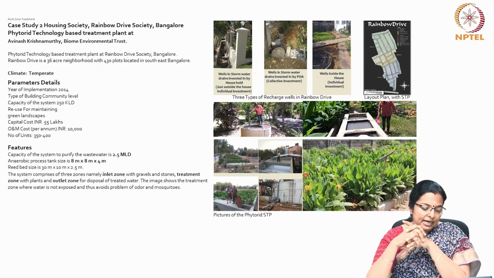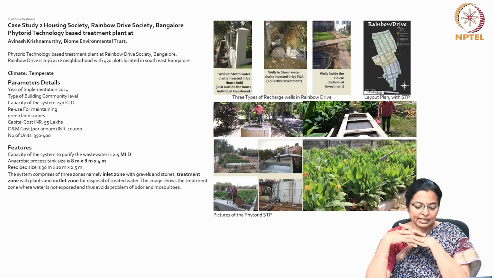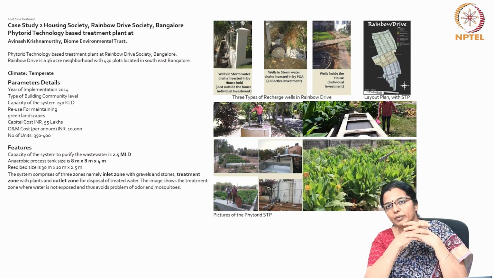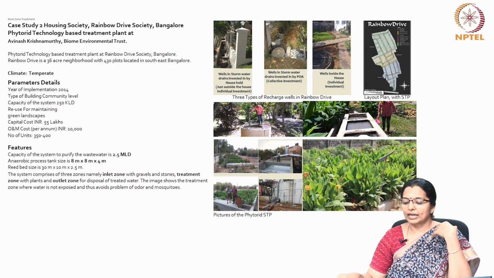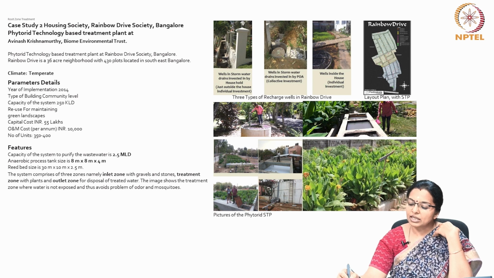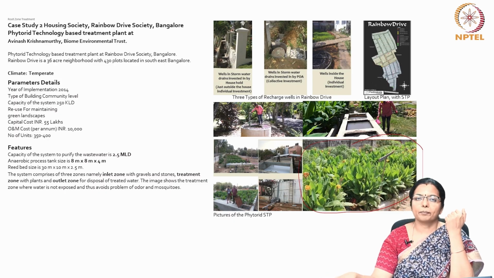This has a capacity to purify wastewater which is very large. The anaerobic process tank size is about 8 meters by 8 meters with a depth of 4 meters. And if you actually see the pictures, there is no trace of a sewage treatment plant.